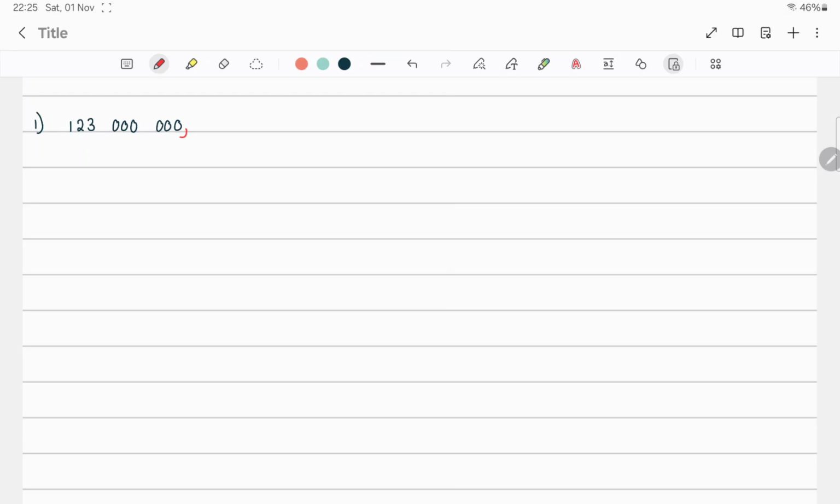So now what we want is to move the comma from this position to after the first number. How do we move the comma? We simply take it and bring it here, here, here, here, and lastly here.